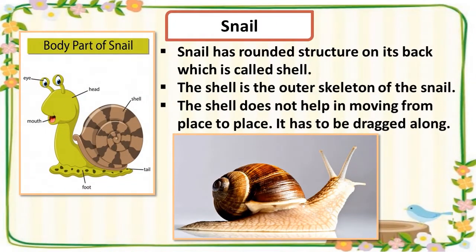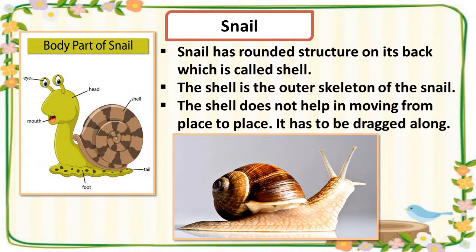The next one is snail. Like an earthworm, snail does not have bones. Students, you can observe in the picture that snail has a rounded structure on its back. This rounded structure is called the shell.